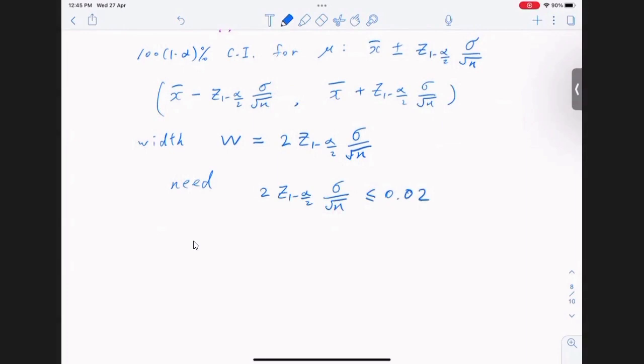So that means we are actually given an inequality. Based on this inequality, we want to find the value of the sample size to achieve it. So we solve this inequality step by step.